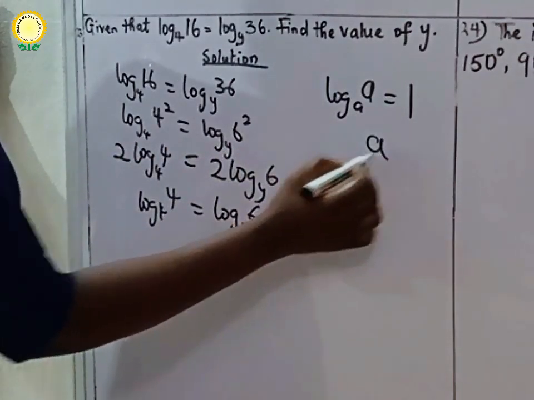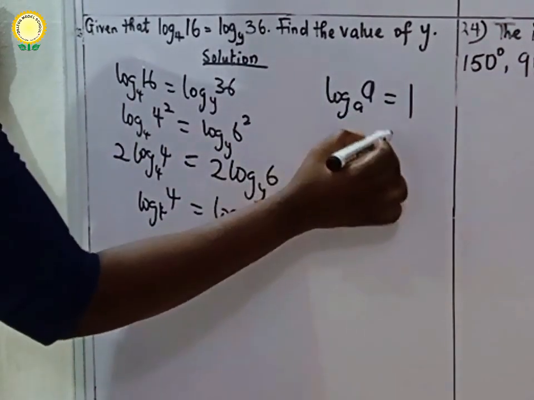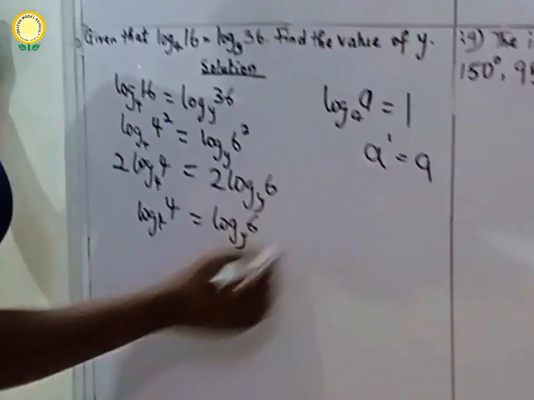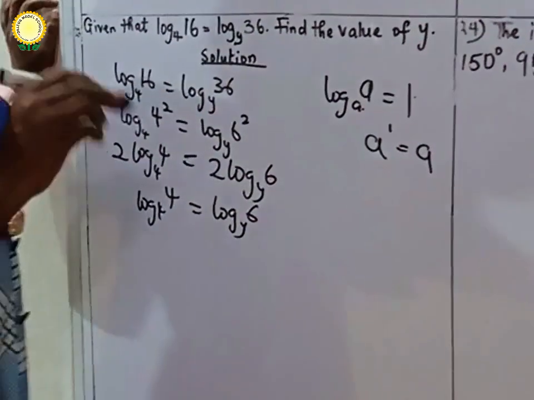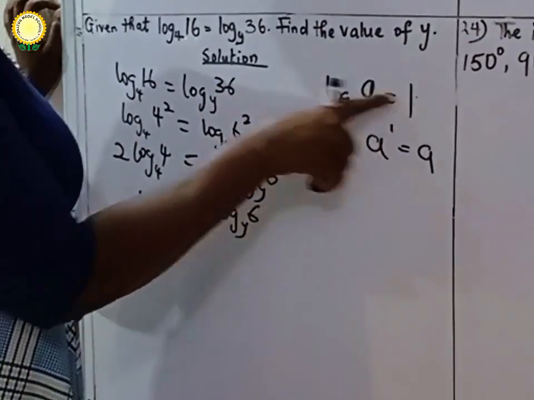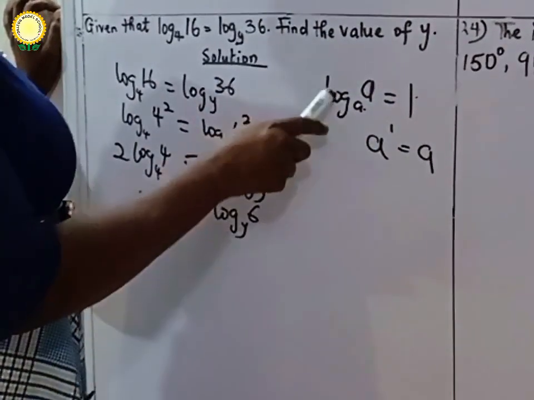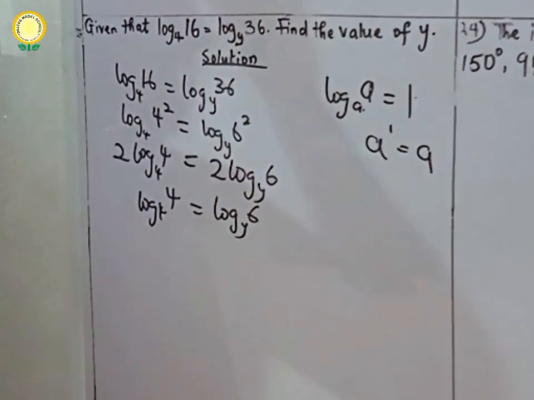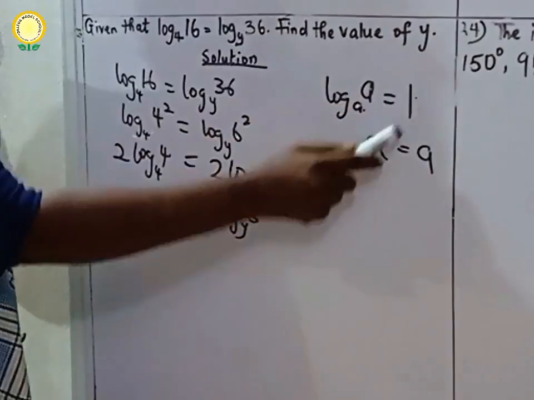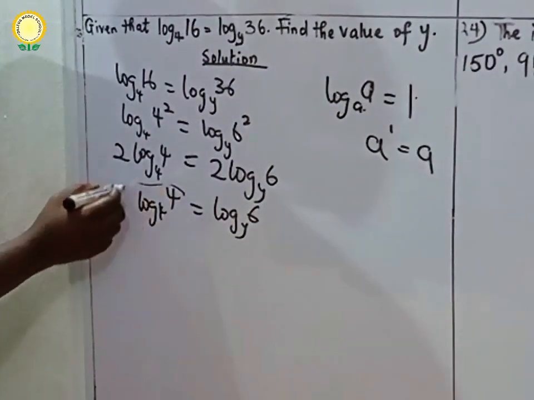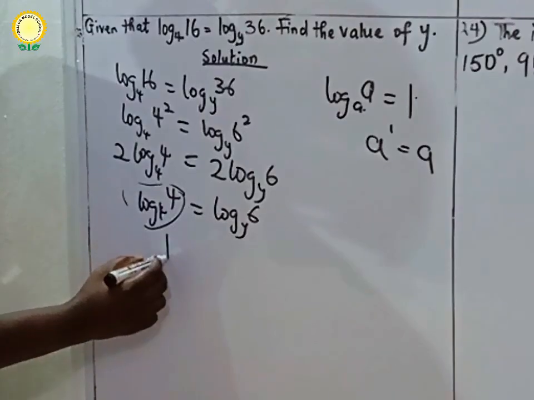Why is it correct? a raised to power 1 equals a. The logarithm of a number is the power to which the base is raised to get the number. So a raised to power 1 is a, which is correct. Therefore, this whole expression here is 1.